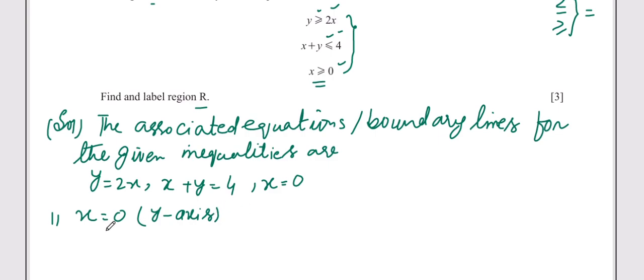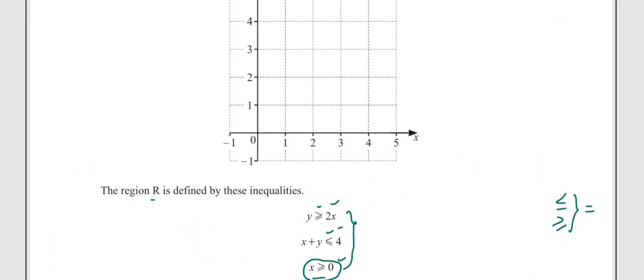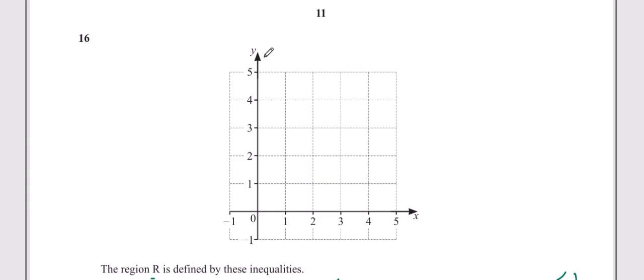X equal to 0 means y-axis, and x greater than or equal to 0 means right of the y-axis. So this y-axis is actually x is equal to 0 here.